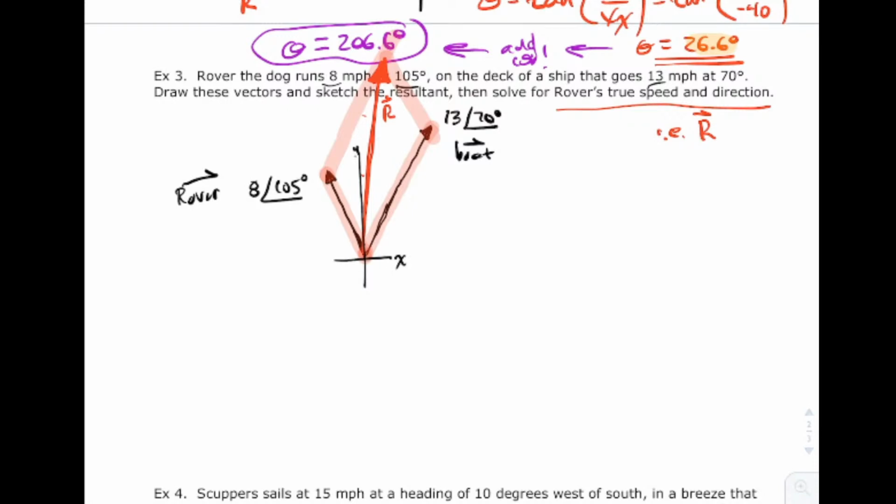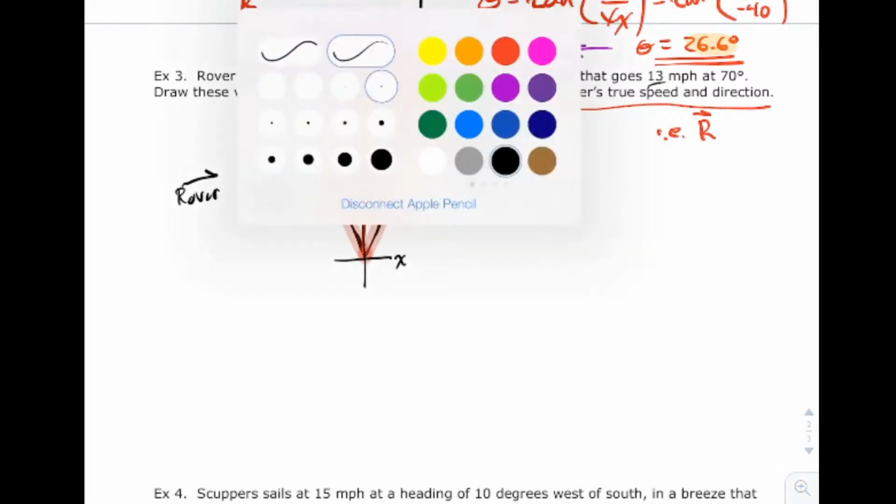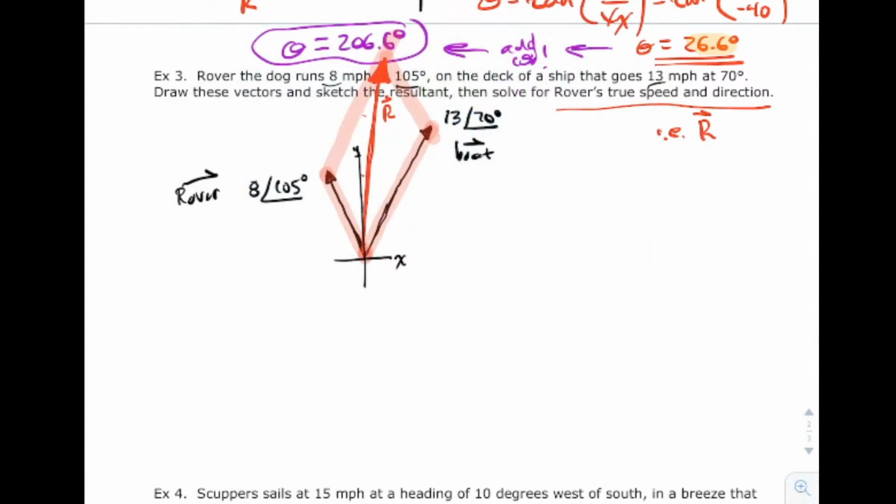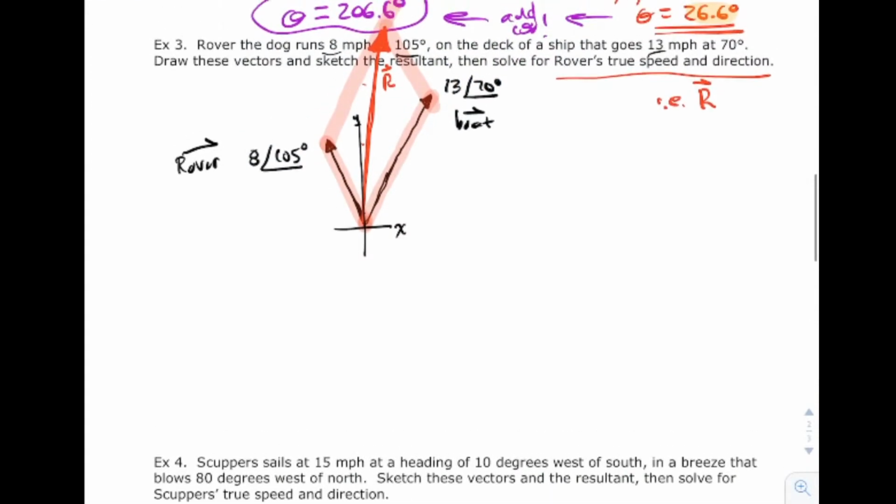Okay. So, where are we? We've got basically 3 vectors involved here. We have a rover vector. We have a boat or ship vector. And we have the true speed and direction, which I'll call the resultant, right? Now let's have 2 more columns here.